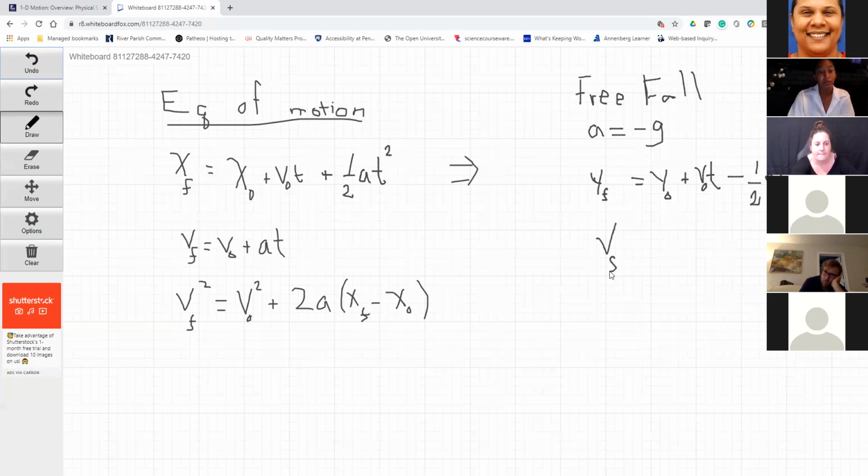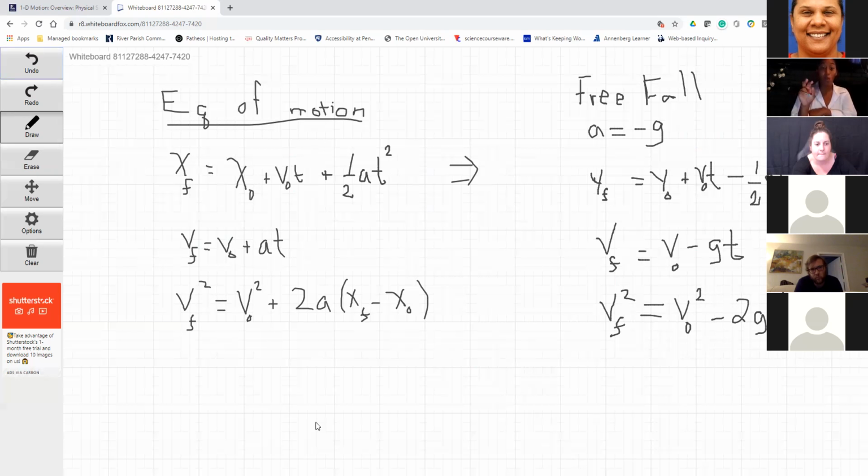V final equals V initial minus G T. And then V final squared equals V initial squared minus 2G times Y final minus Y initial.